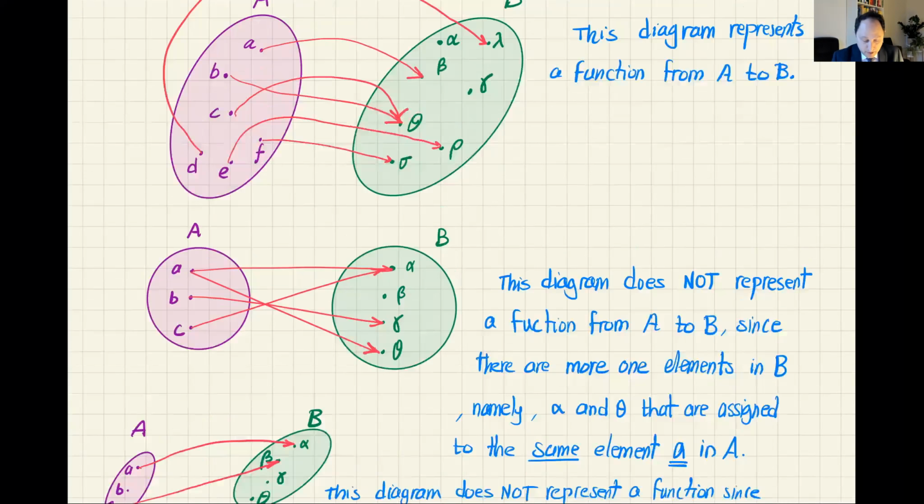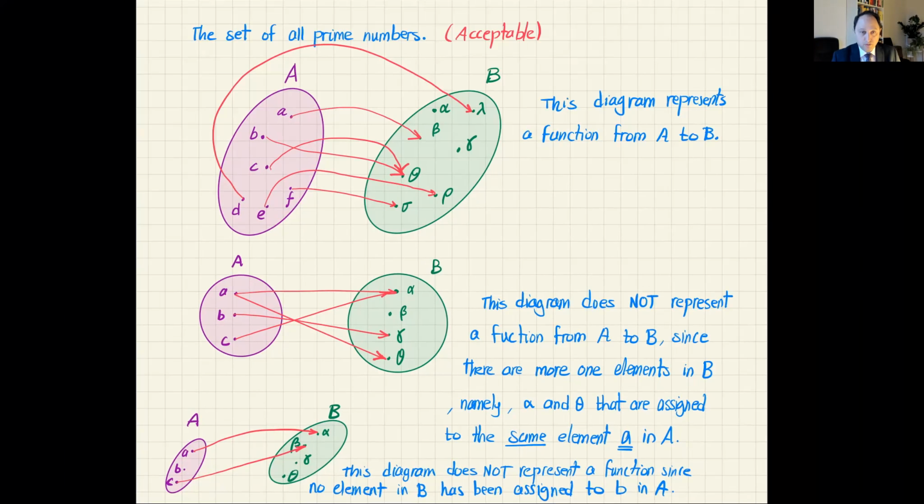This is a little bit abstract notion. So if you really want to understand, a function is just a correspondence between two groups of elements in a way that you assign a unique element from the second group to each and every element of the first group.